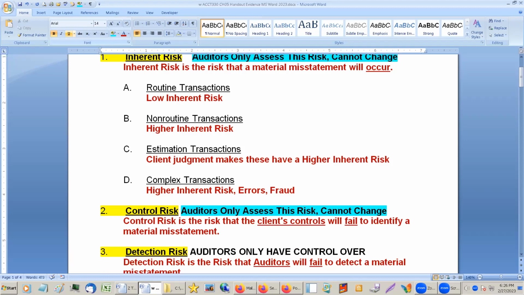So this is the only one that auditors have control over, is the detection risk. We can control the detection risk. We can't control any of the other stuff.